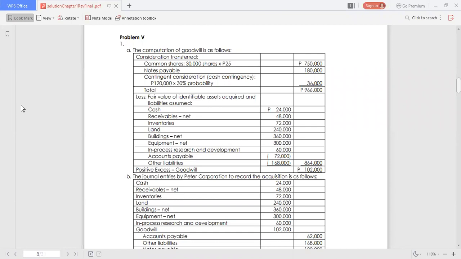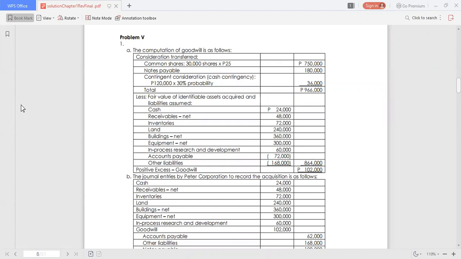Then we have the notes payable of 180,000. Again, that's given. And the contingent consideration, cash contingency, 120,000 multiplied by 30 percent probability.